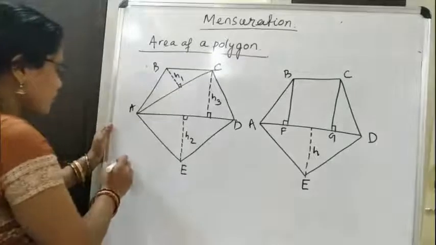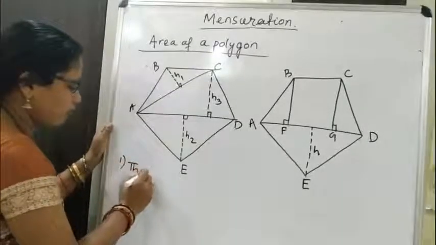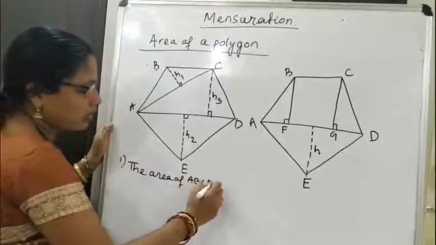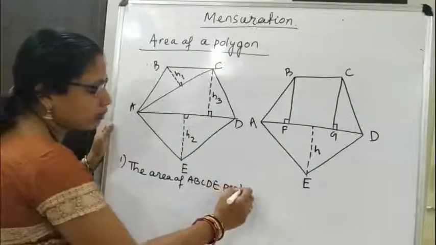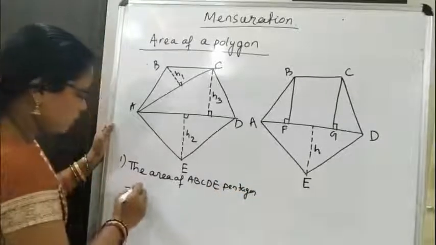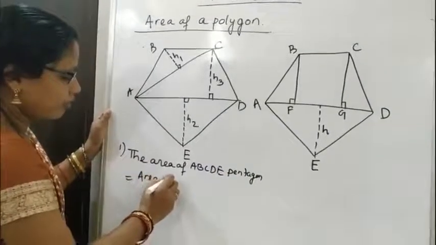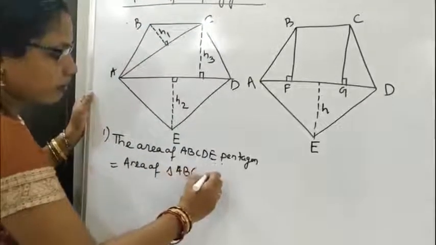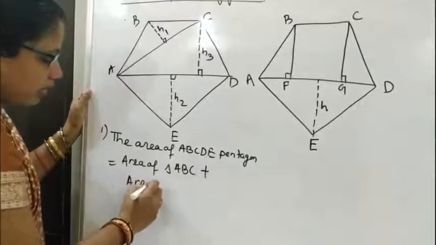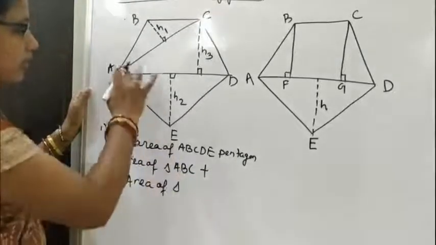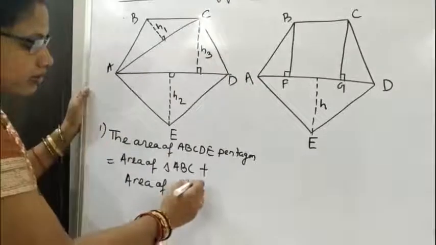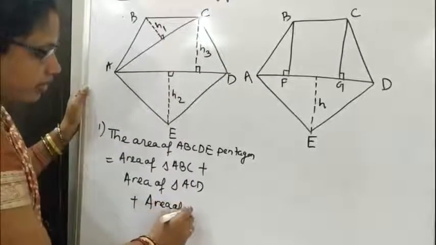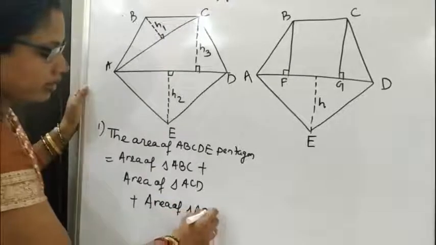So in the first case, the area of pentagon ABCDE is equal to the area of triangle ABC plus the area of triangle ACD plus the area of triangle AED.